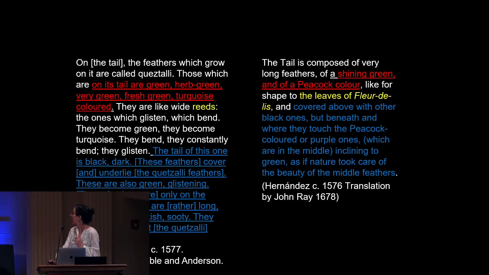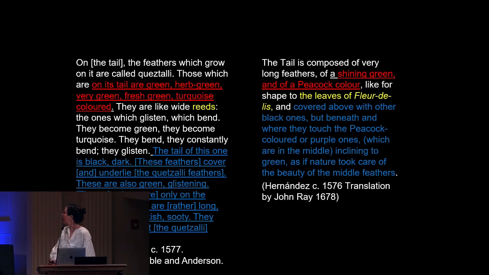And Hernandez, again, doesn't exactly do this, but he compares it to the leaves of the fleur-de-lis, which in some sense for a European audience is an apt kind of translation, since this is another plant like a reed, whereas reeds have a lot of importance and a lot of prestige in Nahuatl that wouldn't translate for a European audience. So comparing it to a fleur-de-lis captures some of the prestige that reed in Nahuatl would convey.